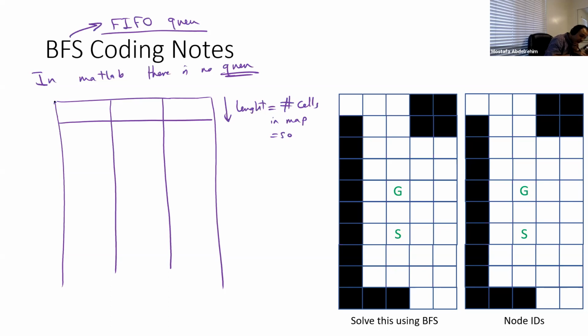The first one is the node identifier. This ID for the node can be a number specific to this node or the coordinate. So for example, this node in here has a coordinate of 2 and 2. I mean row number 2 and the column number 2.